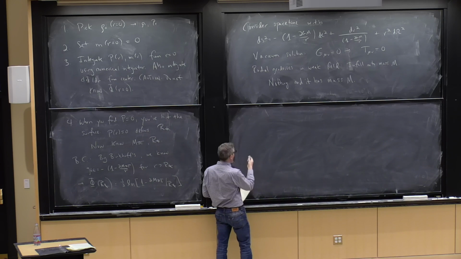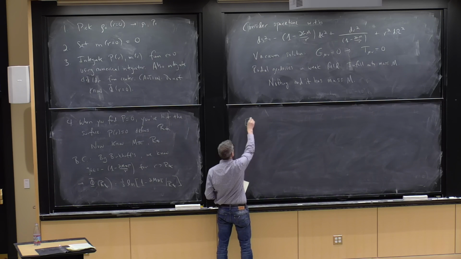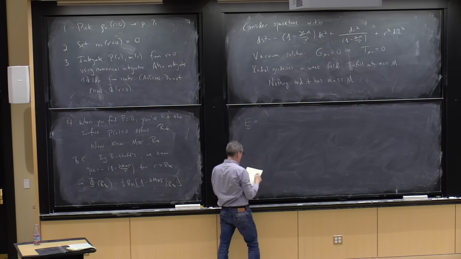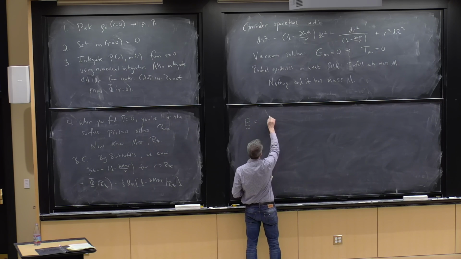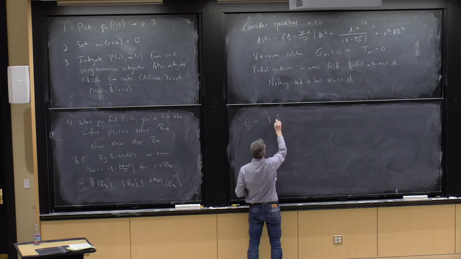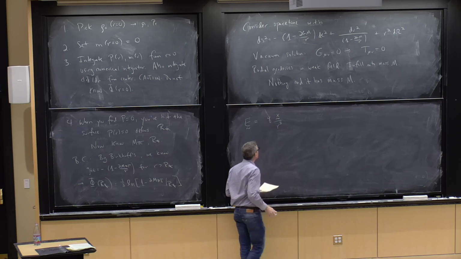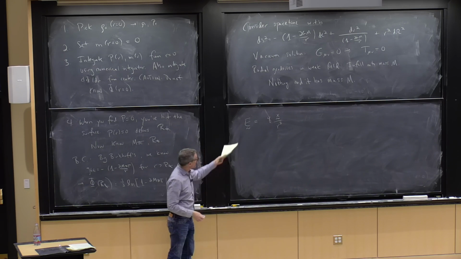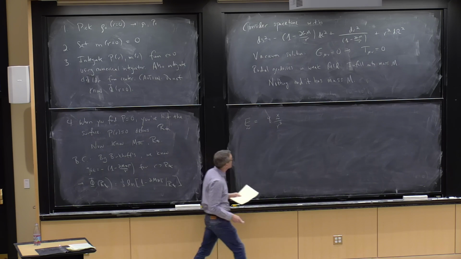So if I look at the electric field of a point charge at the origin, so that's the 3-vector E is just Q times the displacement vector over r cubed.